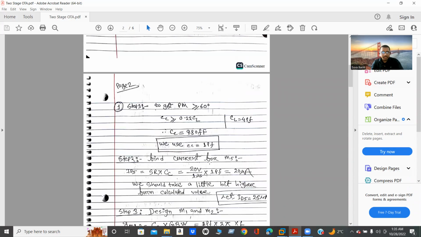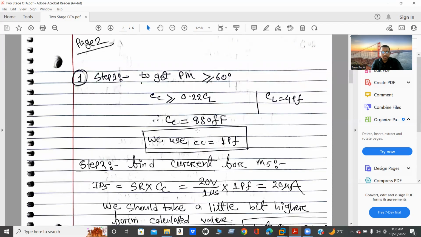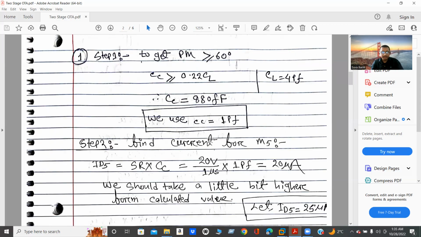That is the relationship between CC and our load capacitance. Using this formula, I found my CC should be greater than or equal to 800 femtofarad. Here, for design purposes, I used CC of 1 picofarad.